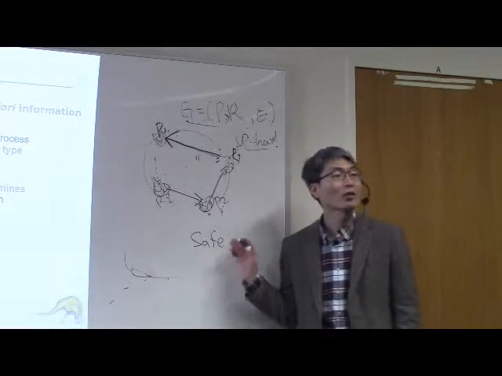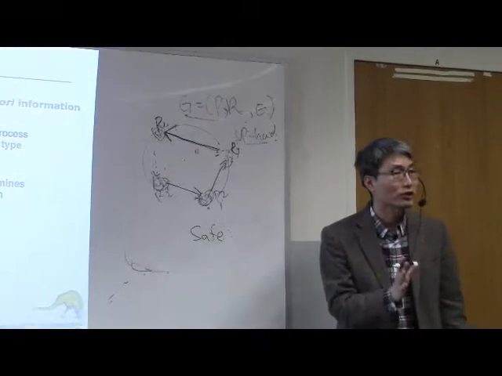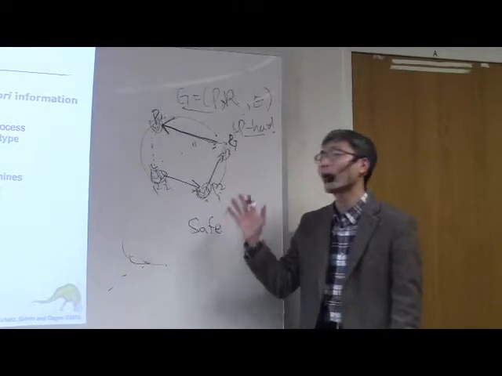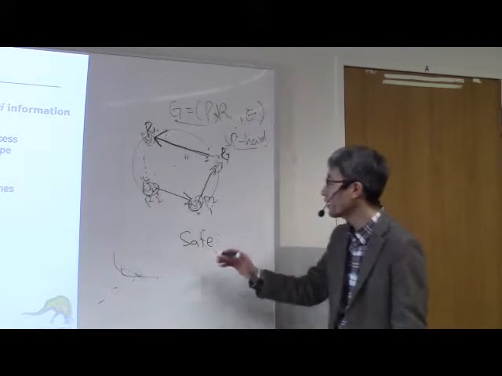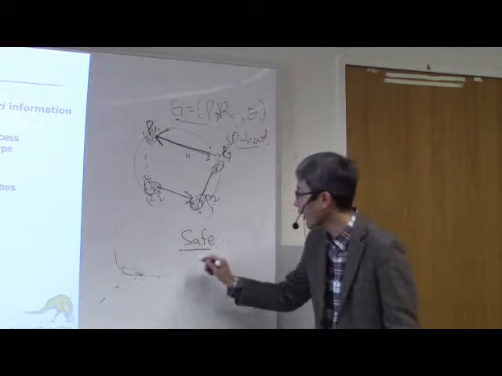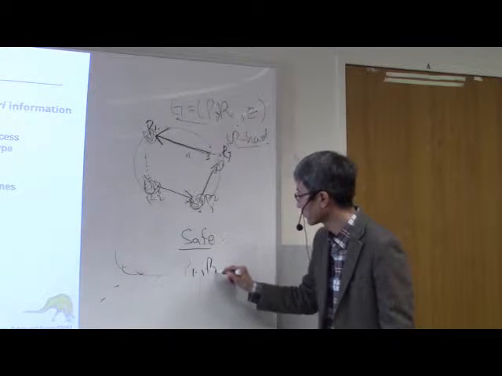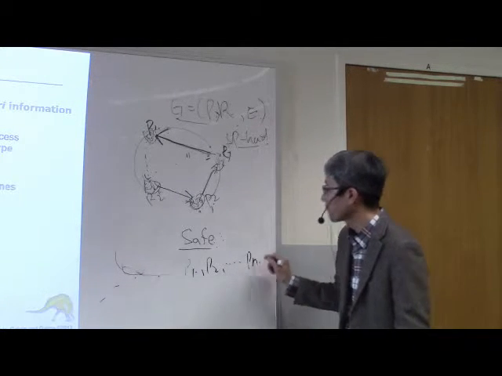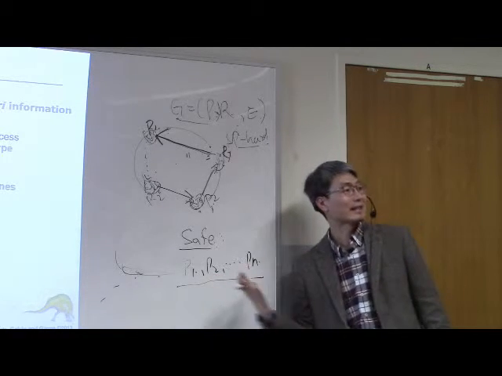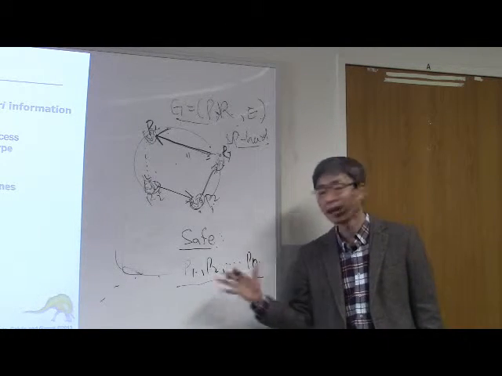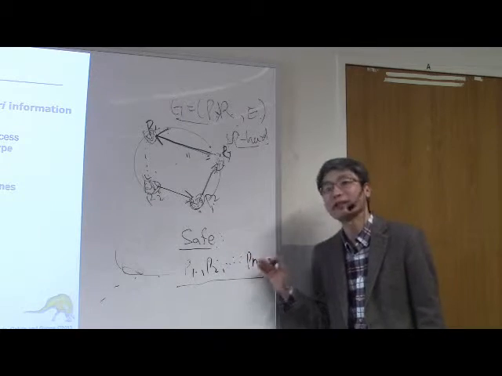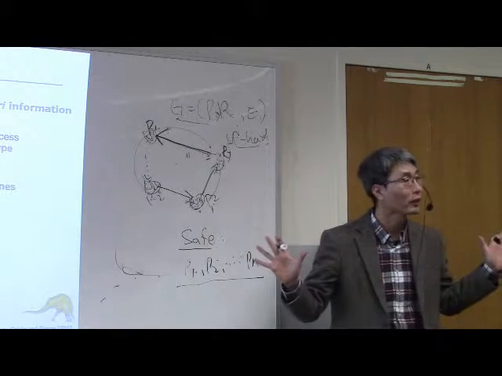Anyway, so safe state means there is no deadlock. How can we define whether the current status is safe or non-safe, or deadlock or not? If we can find a process list, a sequence of processes that can be successfully terminated, then there's no problem, right?